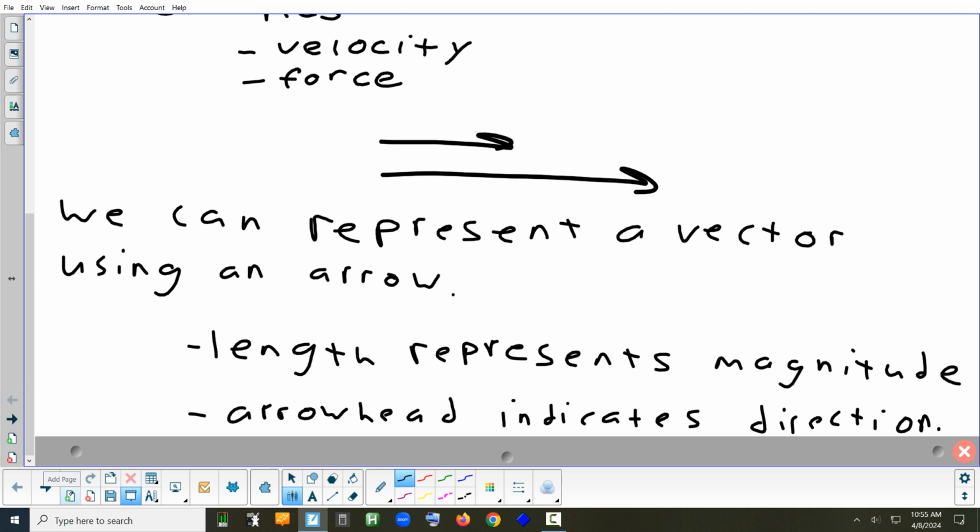So it's kind of like a ray from geometry, but the difference with a ray is a ray goes on forever. Vectors do not. If a vector went on forever, then that would represent something going infinitely fast or an infinitely strong force. That doesn't make sense. Okay, so vectors definitely start and stop at two different points.